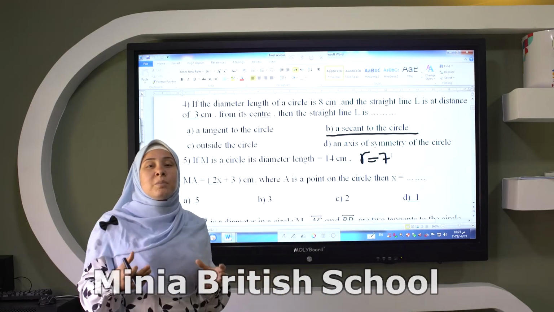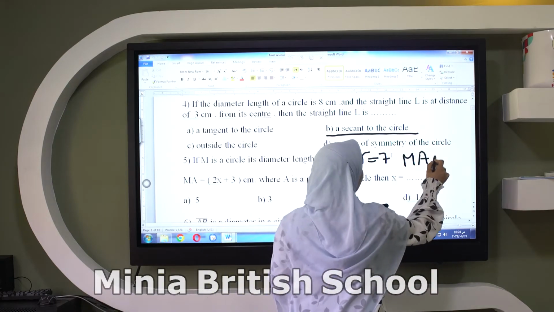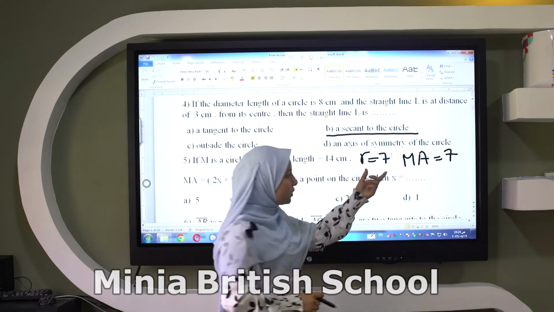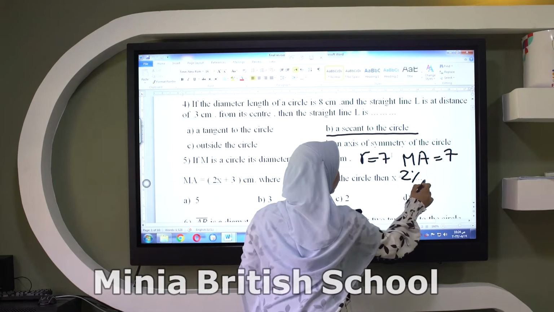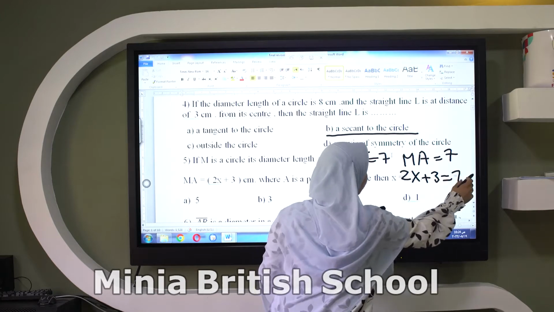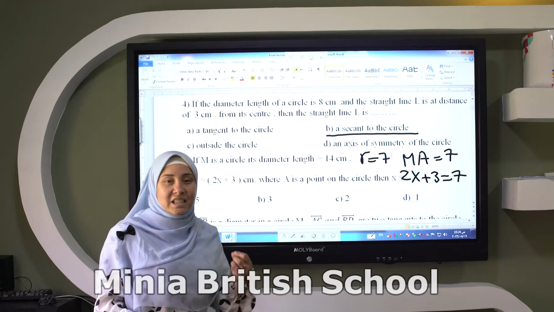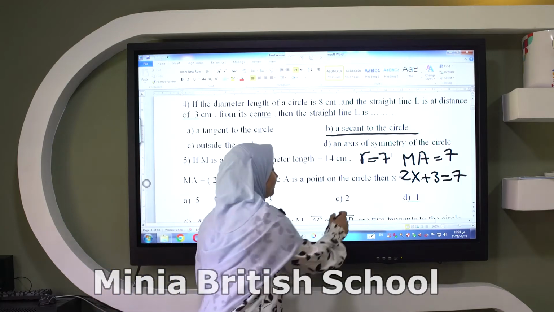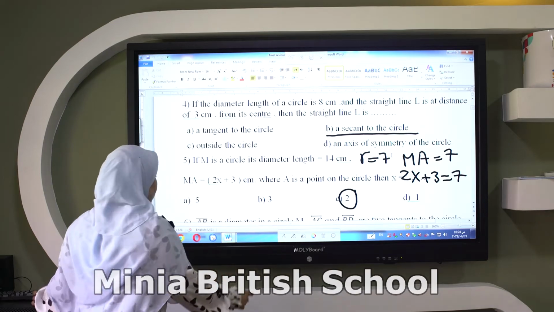Then MA must be equal what? Equal 7. Okay. So MA equals 7. I'll substitute: MA here equals 2x plus 3 equals 7. You can solve this equation to find the value of x here equals 2. Okay. Next one.